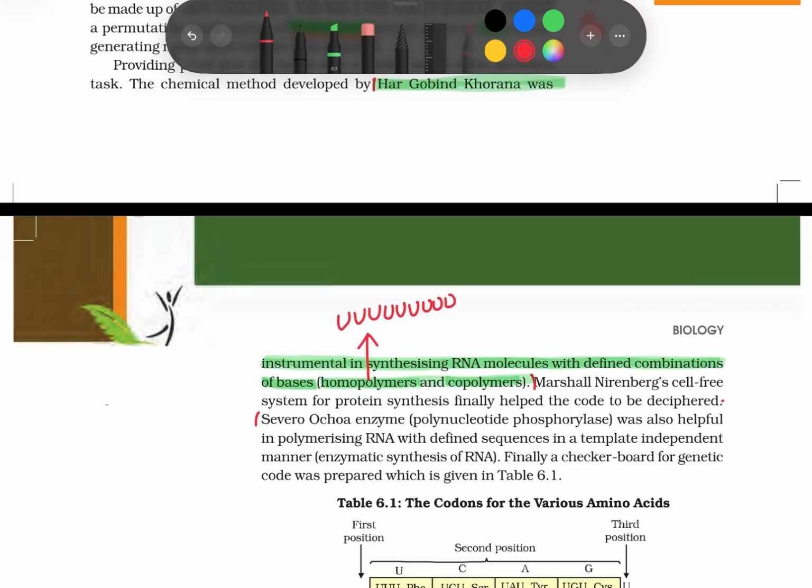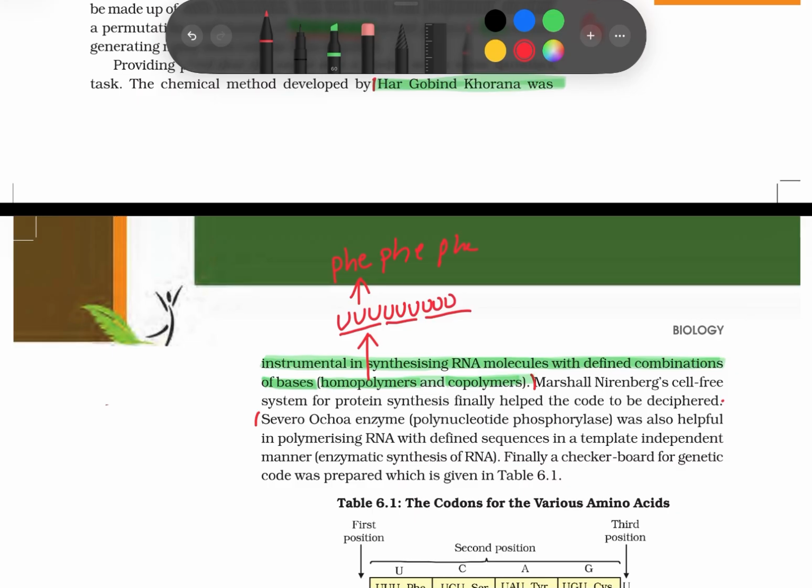Homopolymer means in genetic code it is a triplet codon, right? In that triplet codon all the 3 nucleotides should be same. That is homopolymer. Here 3 codons we have seen: UUU, UUU, UUU. 9 letters are giving 3 codons. But we don't know in the beginning. They are giving all phenylalanine molecules only.